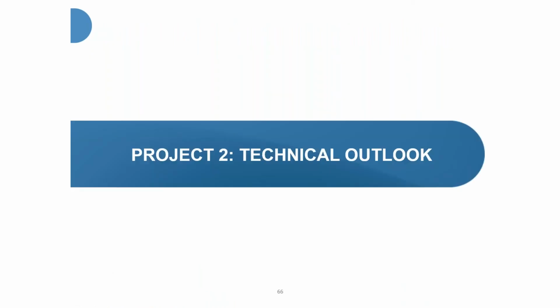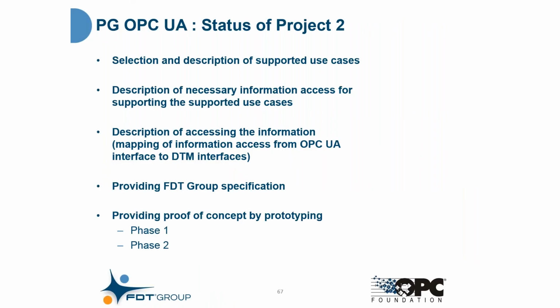Okay, so very short, the technical outlook. Project 2 was started in May. We selected the use cases to support, and are working currently on what is necessary to support those use cases.